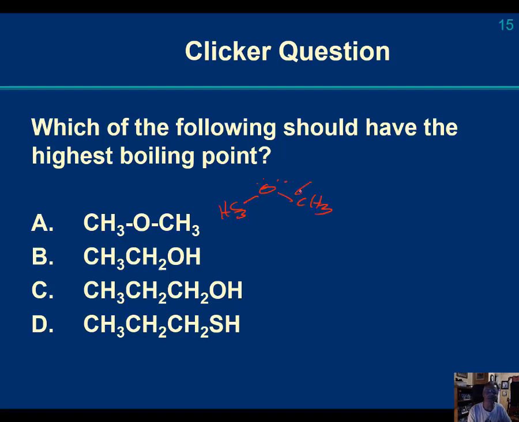It's definitely got some polarity to it because of the bent shape and the oxygen here, so it has dipole, but don't forget, and I should have emphasized this in the previous slide, it also has London forces. Why does it also have London forces? Because all molecules will have London forces.